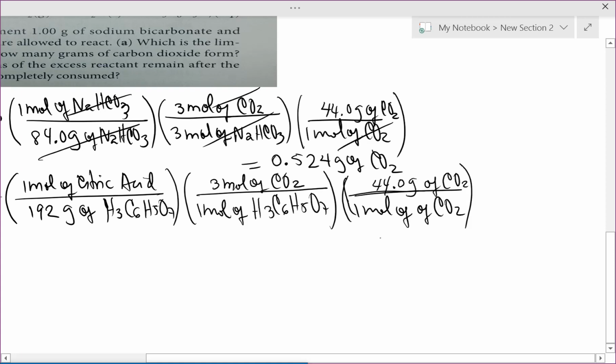Which is equal to 0.688 grams of carbon dioxide.